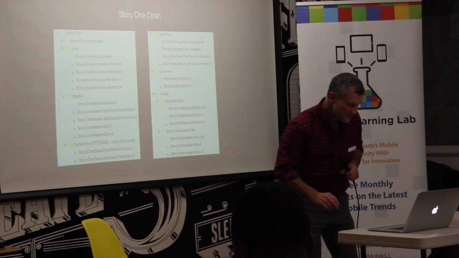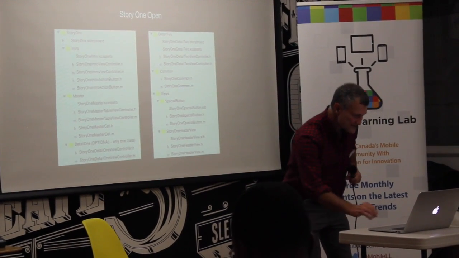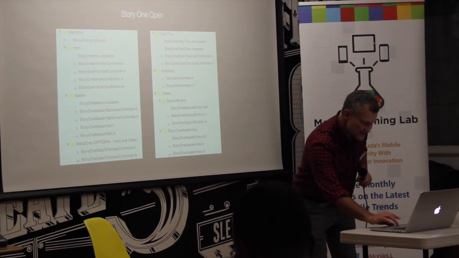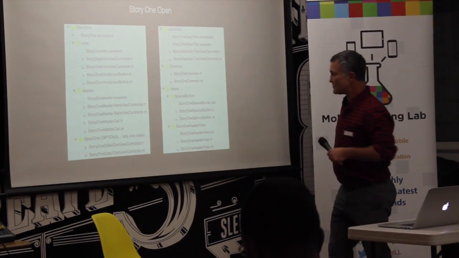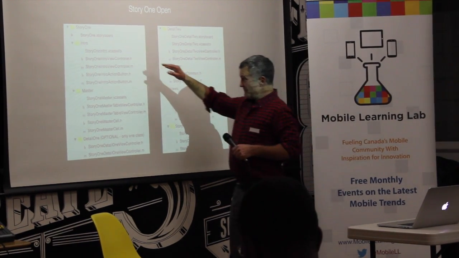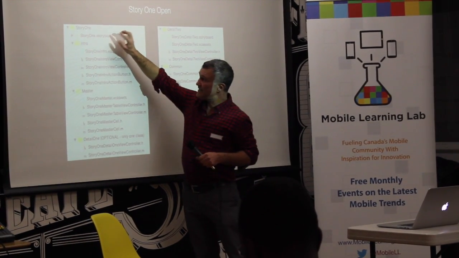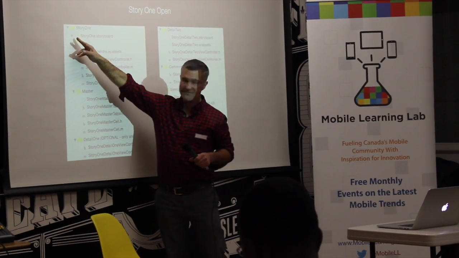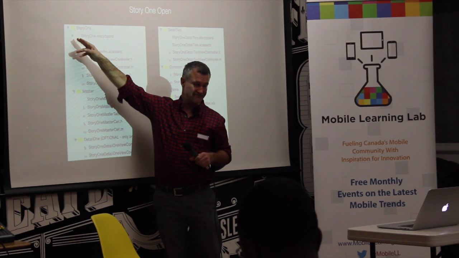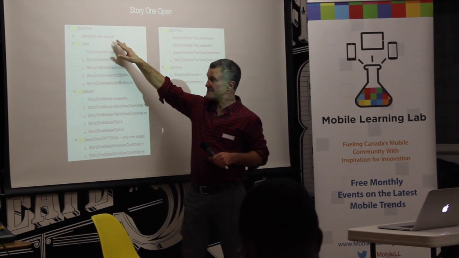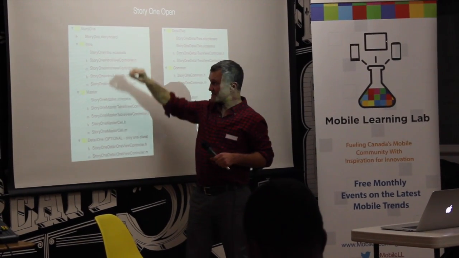Okay, so next level. Yes, so here's story one open. Just a second. Okay, so story one open. We have this main storyboard. By the way, this has been internationalized. That's why it's got a pointer there, so it actually leads to some storyboards that are subsets of that.